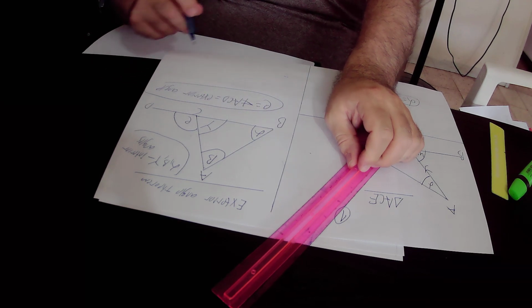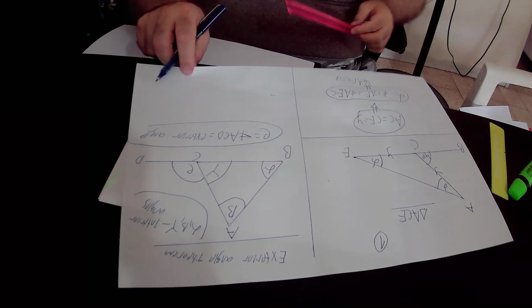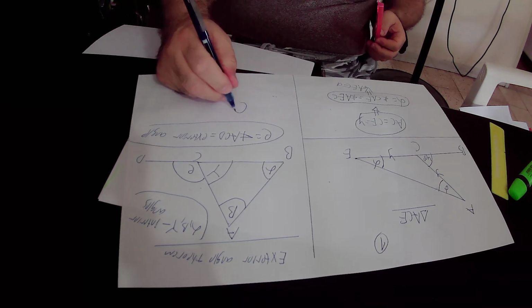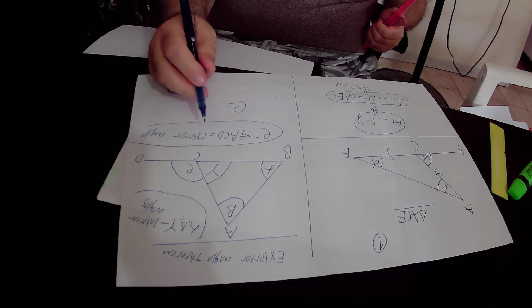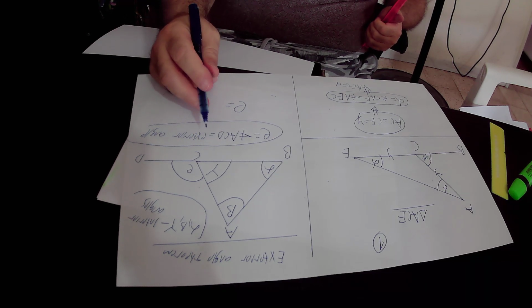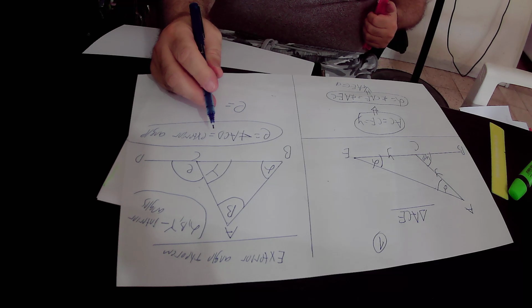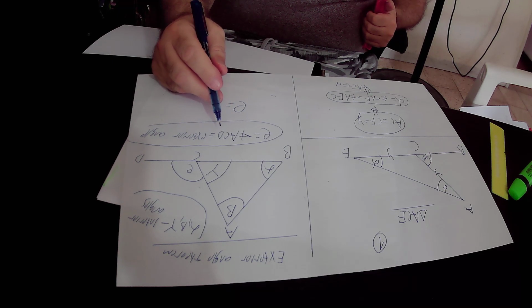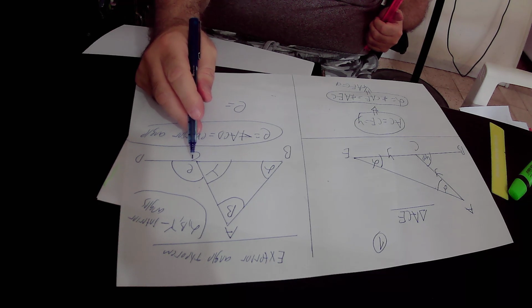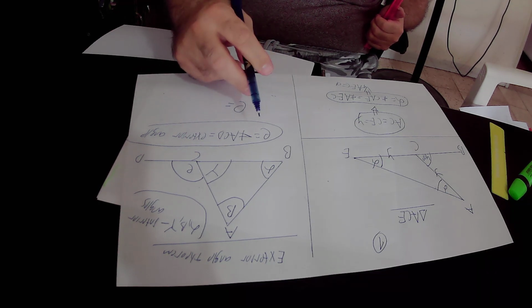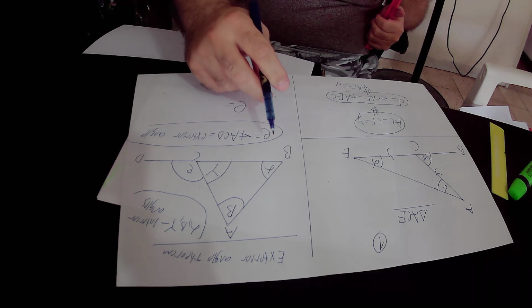So what is the size of the exterior angle E? According to the exterior angle theorem, the size of angle E is equal to the sum of the two interior angles that are not adjacent to it. Here angle gamma is adjacent to angle E, and the two other interior angles that are not adjacent to it are alpha and beta.